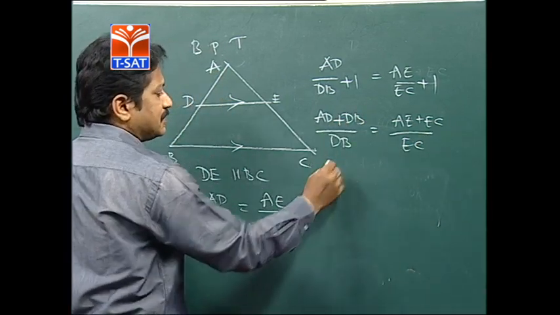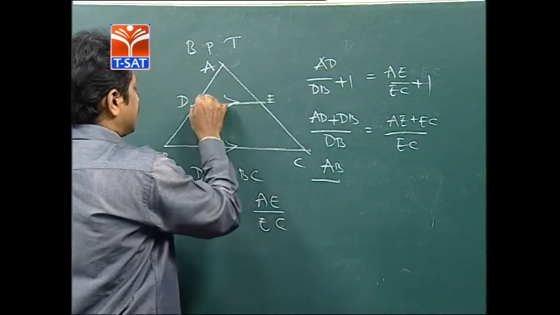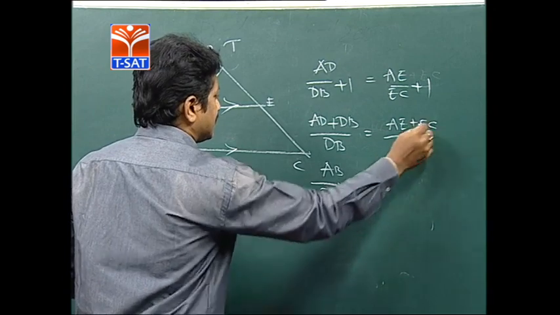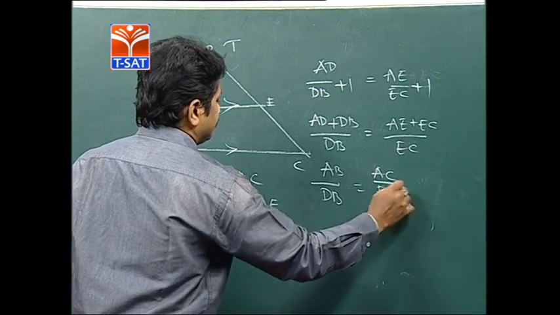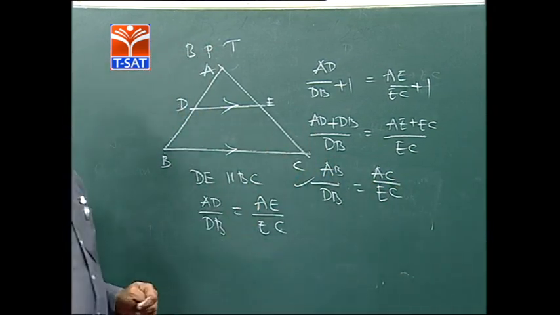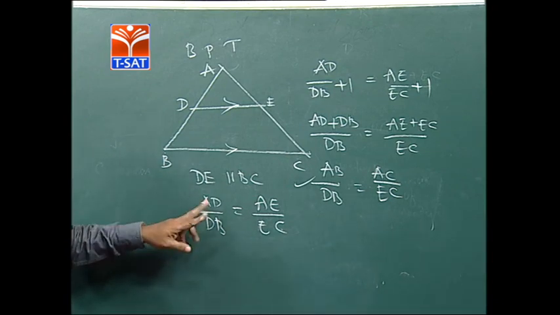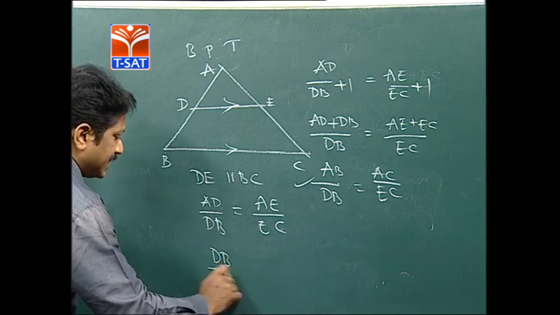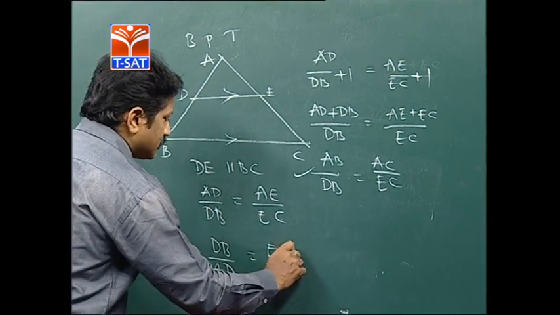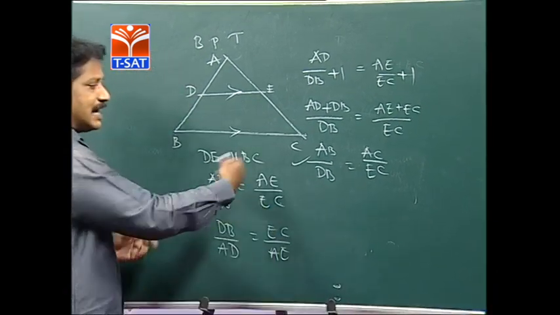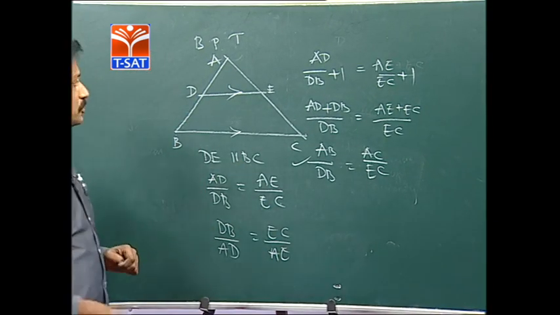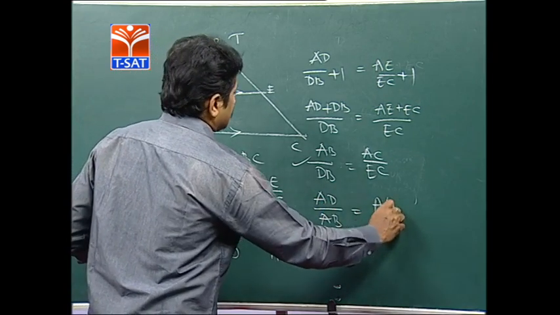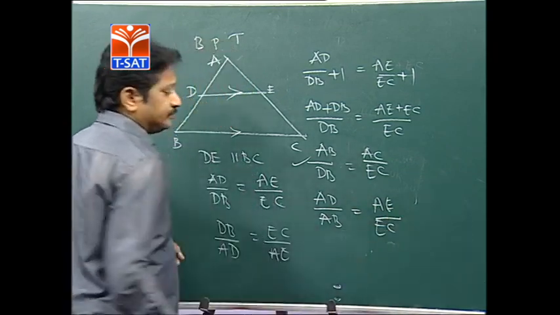Of course, AD plus DB is AB and AE plus EC is AC, so AB by DB is equal to AC by EC. You can use it for the next one. Otherwise, if you take the reciprocal, DB by AD is equal to EC by AE. When you add, you will get another one: AD by AB is equal to AE by AC. You can prove it also.